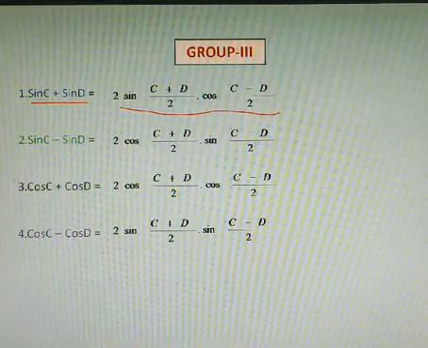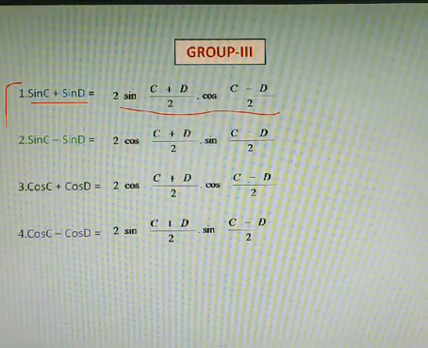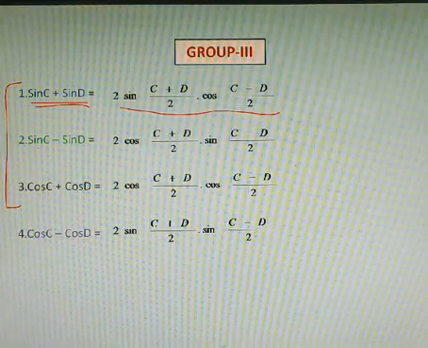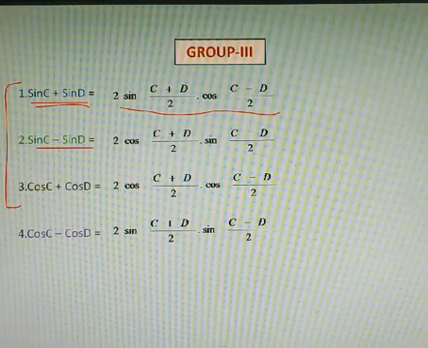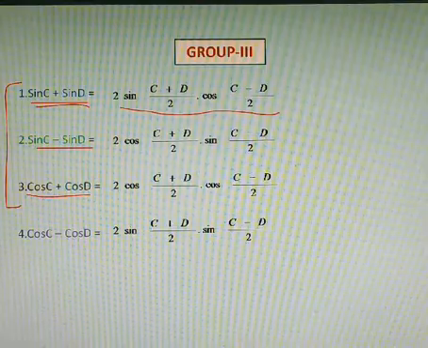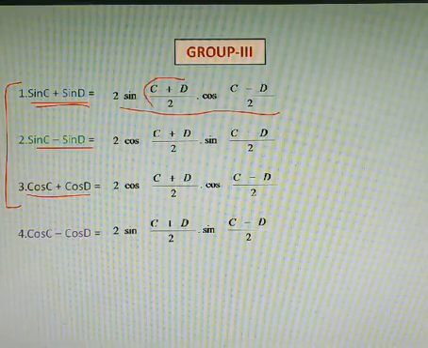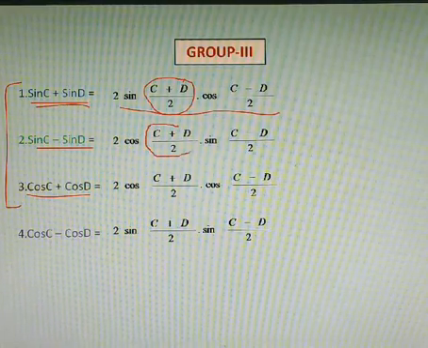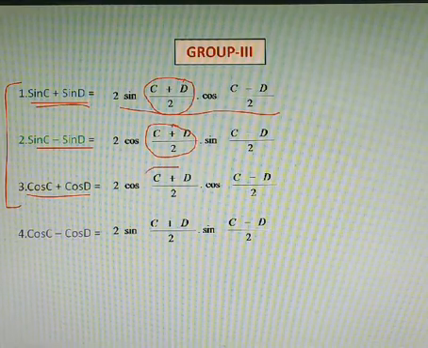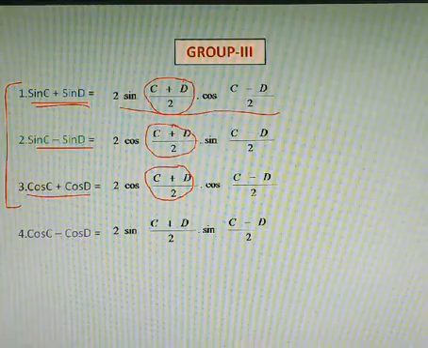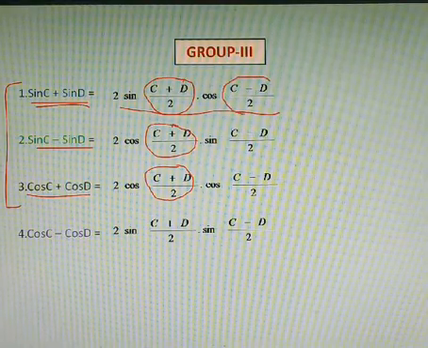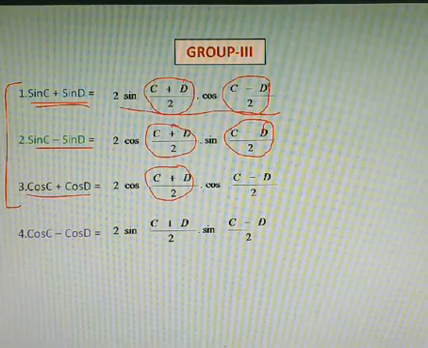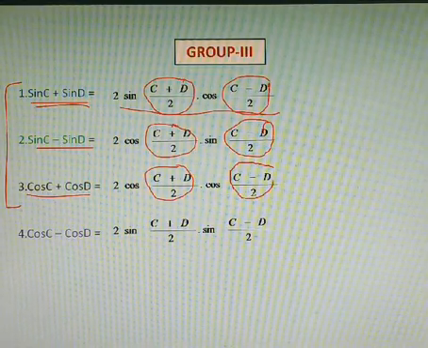So in the first 3 parts, that means sine C plus sine D, sine C minus sine D, and cos C plus cos D, you will get the similar angles on the first part, that is C plus D by 2, and again the similar angle on the second part also, that is C minus D by 2.